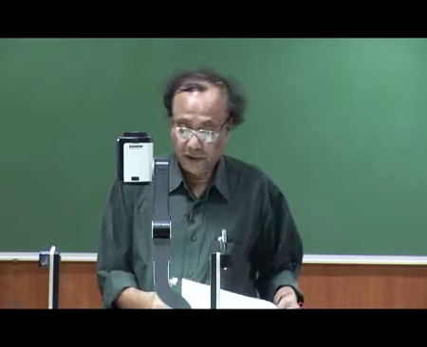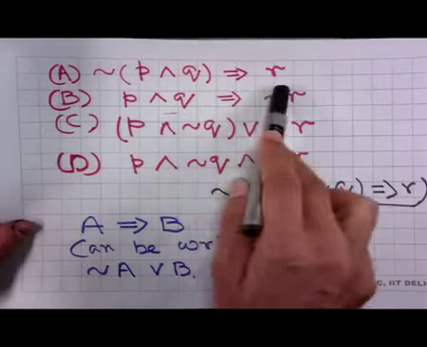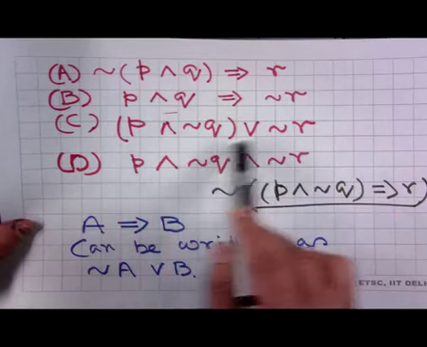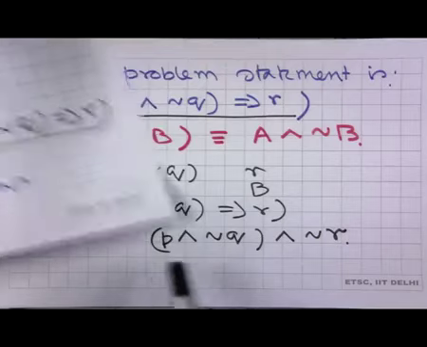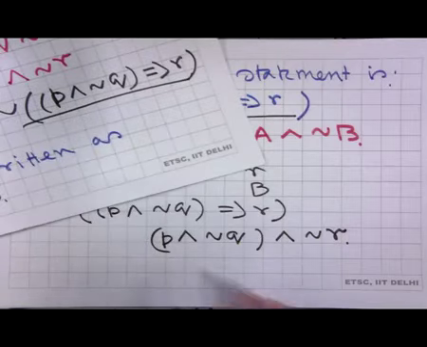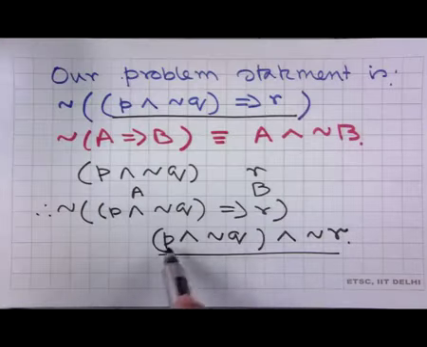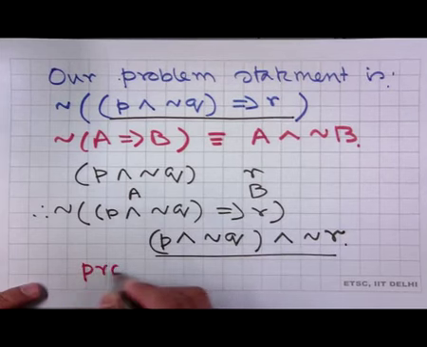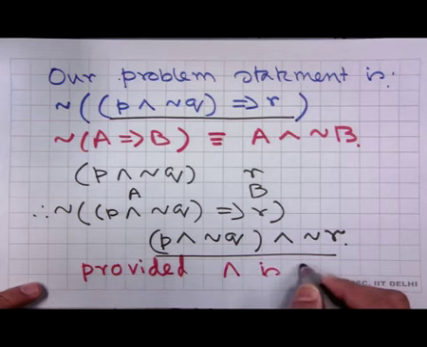Now, the four options that were given to us are not P and Q implies R, P and Q implies not R, P and not Q or not R, P and not Q and not R. So, this one is coming out to be the right one for us if we compare with this, that P and not Q and not R, provided and is associative.